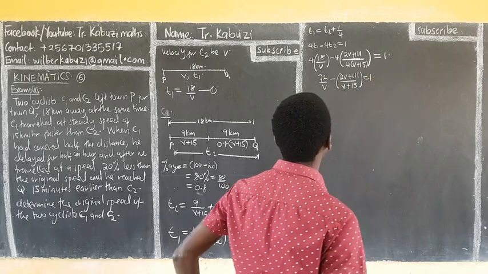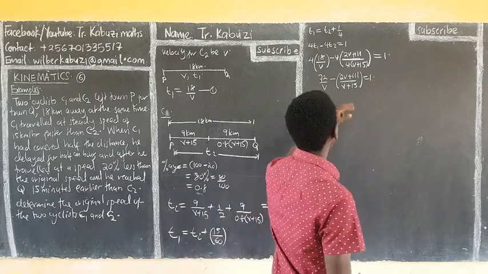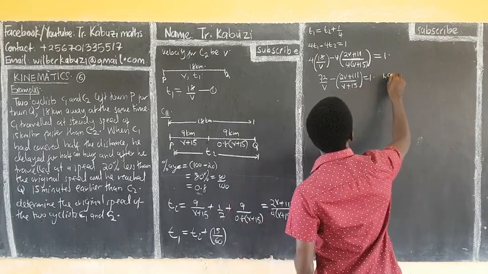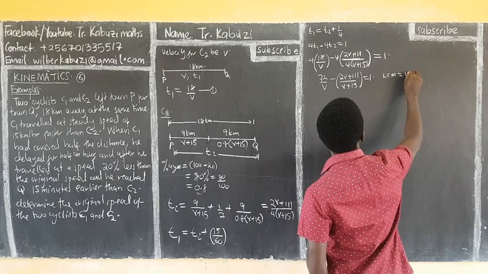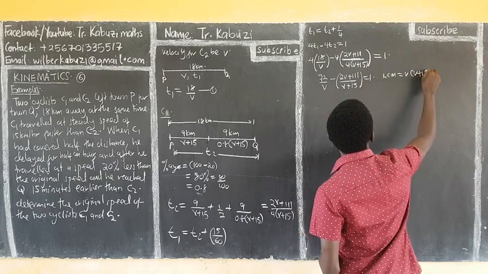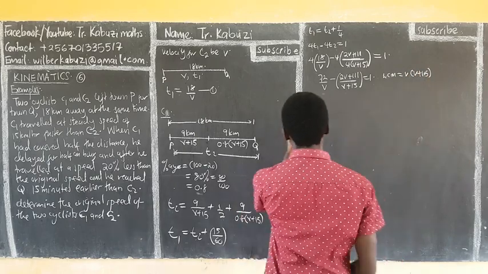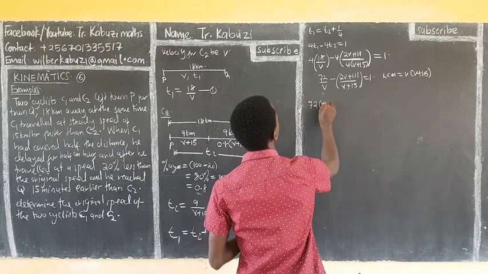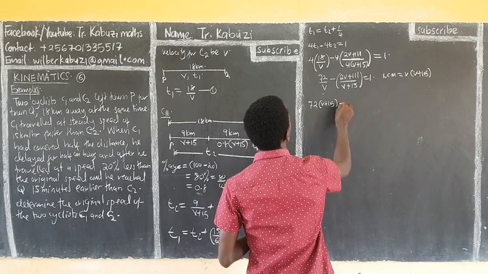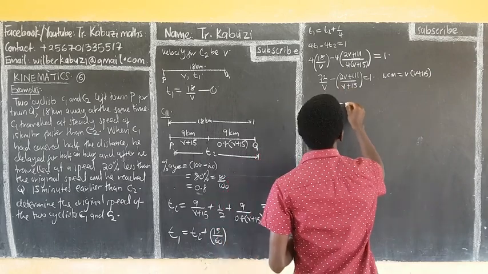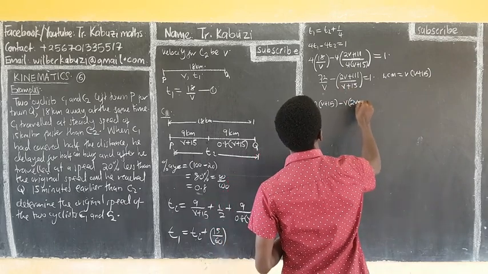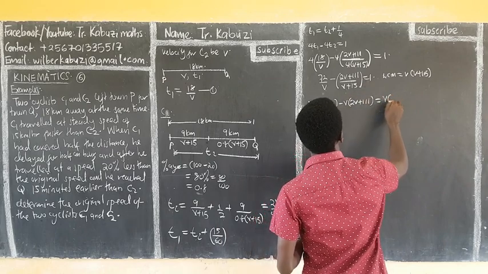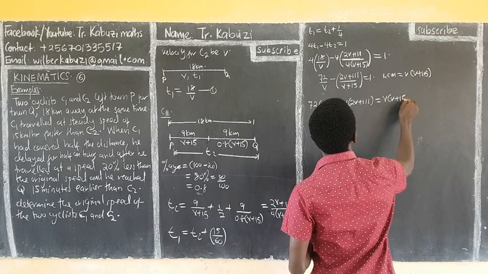So what is our LCM? Our LCM is going to be b, then b plus 15. When I multiply it here, you have 72 into b plus 15, then minus b into 2b plus 11, equaling b into b plus 15.